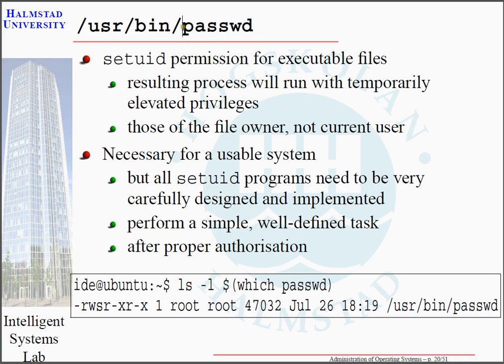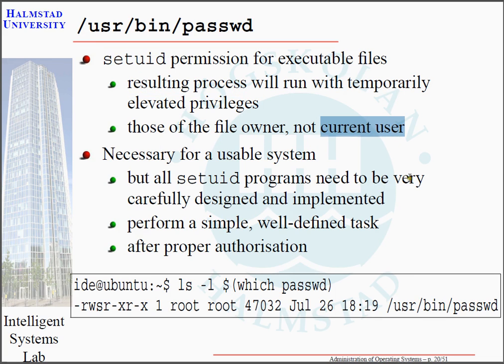So there has to be some way for a utility like this to temporarily elevate the privileges to do some particular well-defined task. So what setuid does is it uses the permissions of the file owner, not the current user.